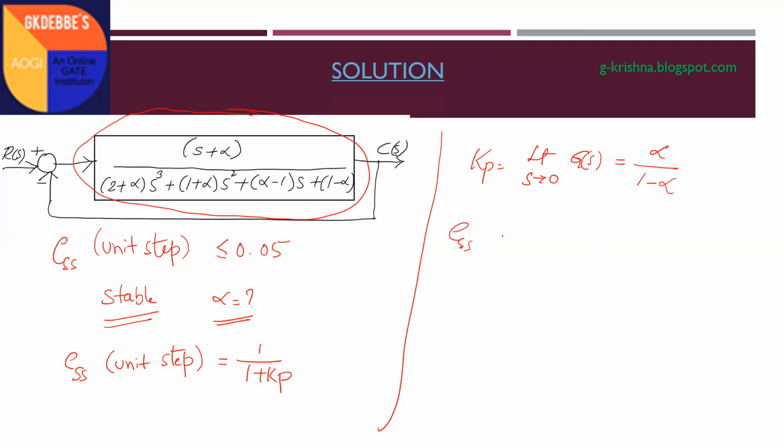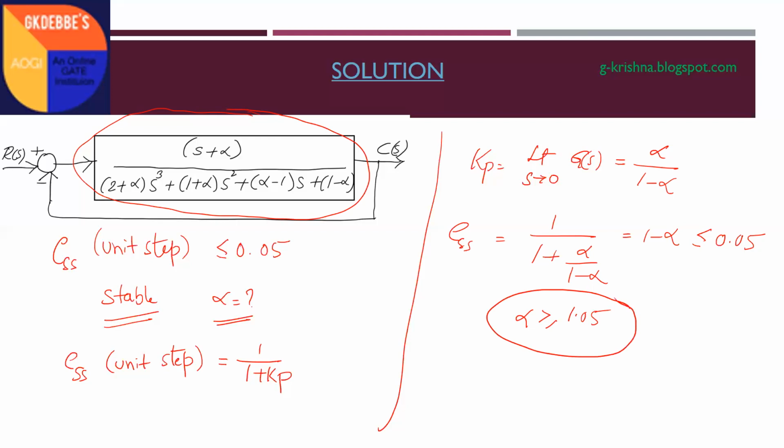Hence, the steady state error is 1 by 1 plus alpha by 1 minus alpha, which equals 1 minus alpha. It should be less than or equal to 0.05, so from here alpha should be greater than or equal to 1.05.